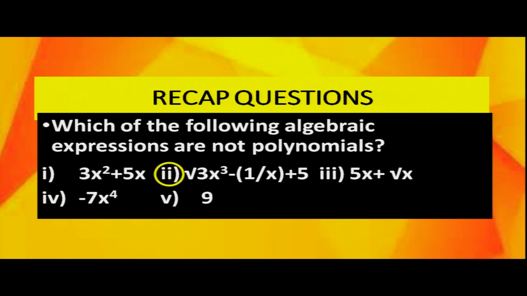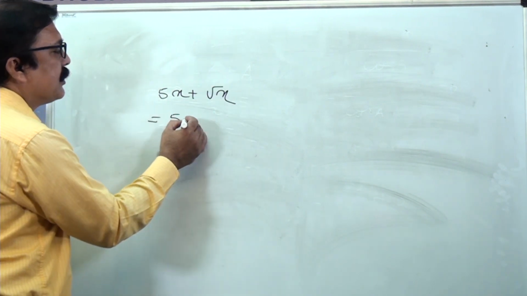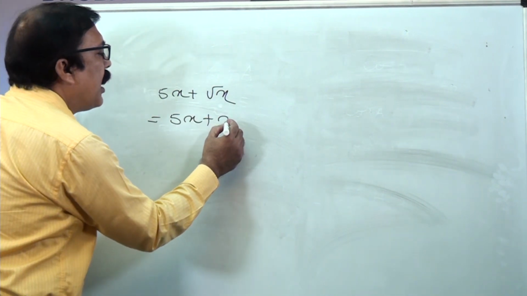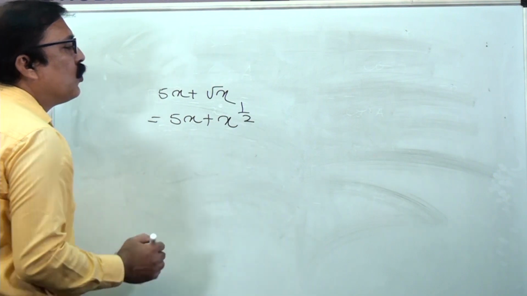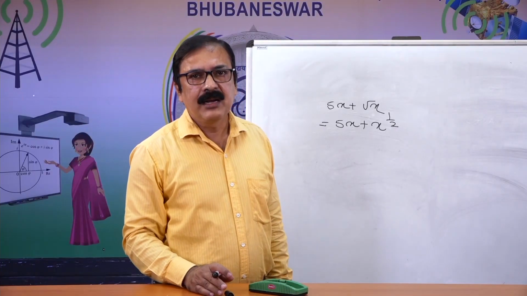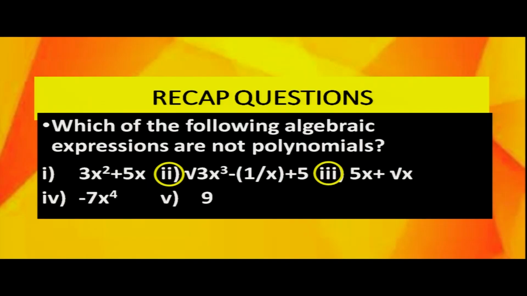Now see the third one, 5x plus root x. Root x can be written as x to the power 1 by 2. Now, is 1 by 2 an integer? Definitely it is not. Then we can say 5x plus root x is not a polynomial.